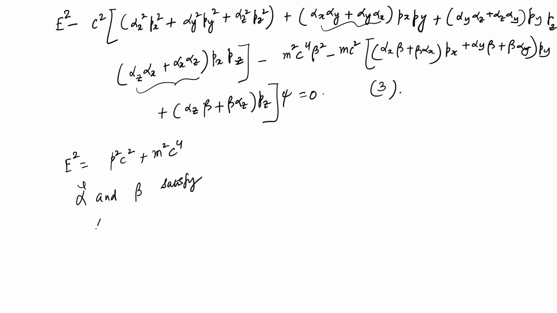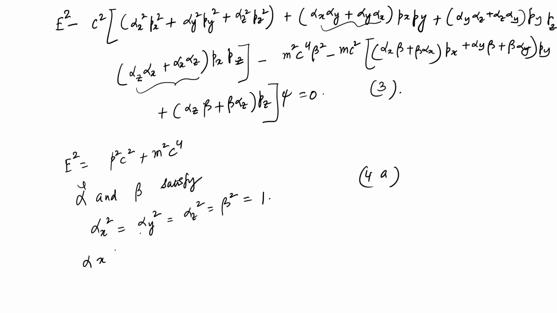These equations are like alpha x square equal to alpha y square equal to alpha z square equal to beta square is equal to 1. So, that gives that all these quantities, alpha x, alpha y, alpha z, each one of them individually squares up to unity. Let us call this 4a.